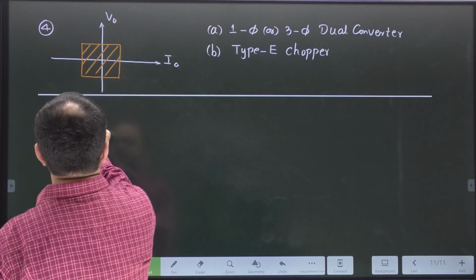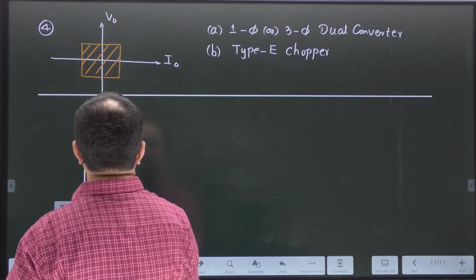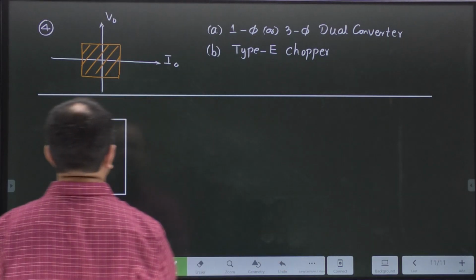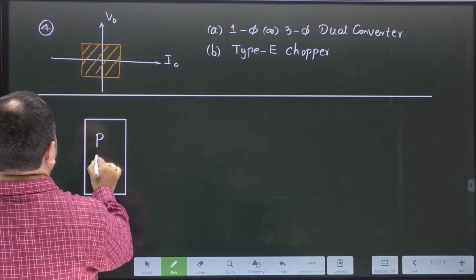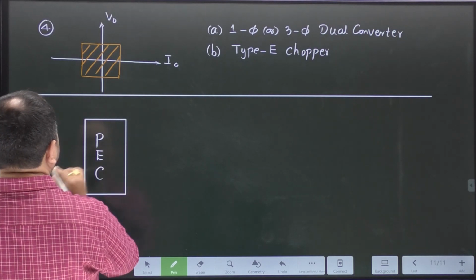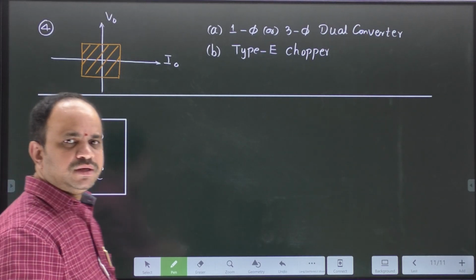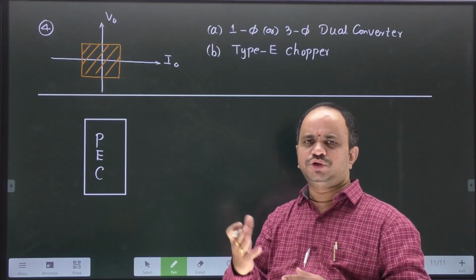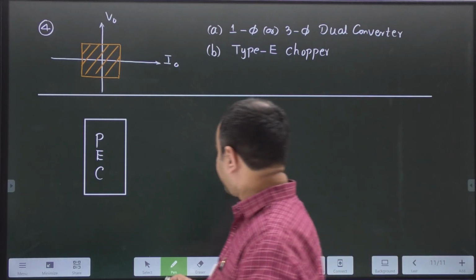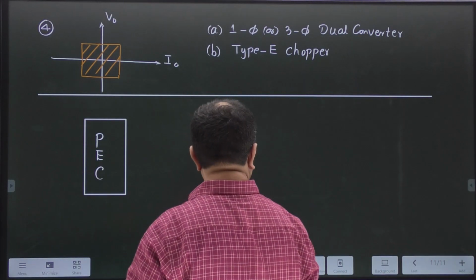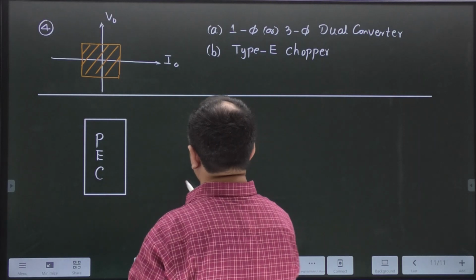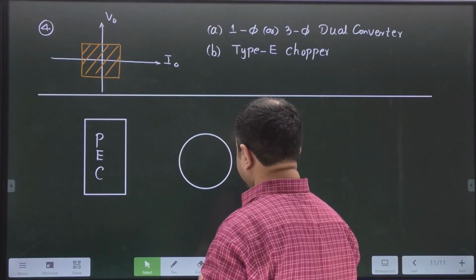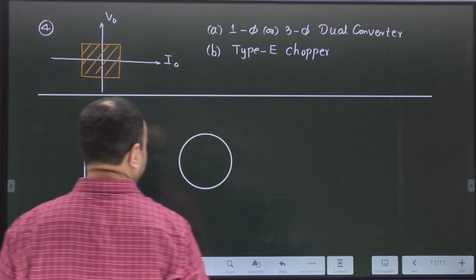Say for example, this is a power electronic circuit. This circuit can be anything. It can be a single phase full converter or type A chopper, type B chopper, depending on the application. So it is delivering power to, let us say, some DC motor.